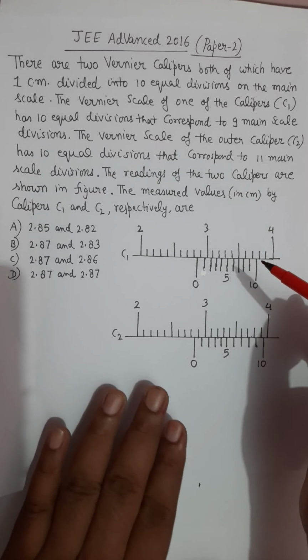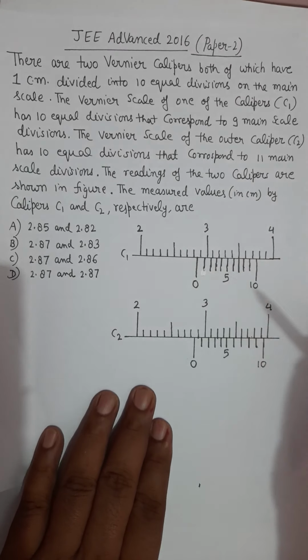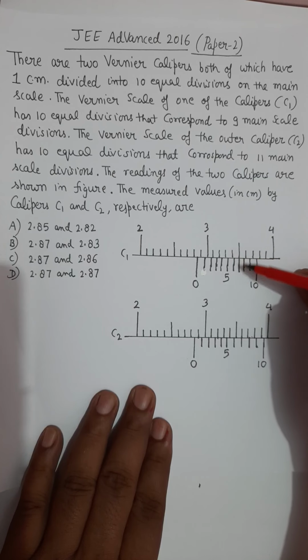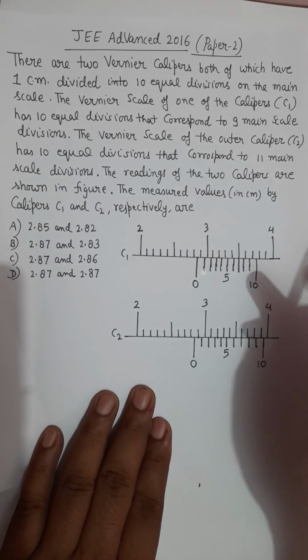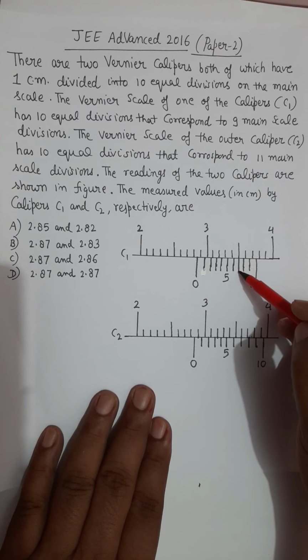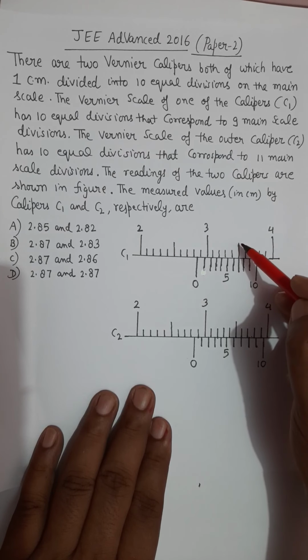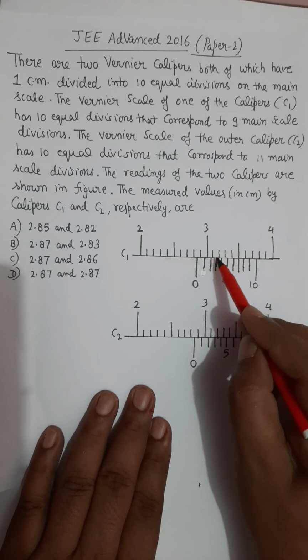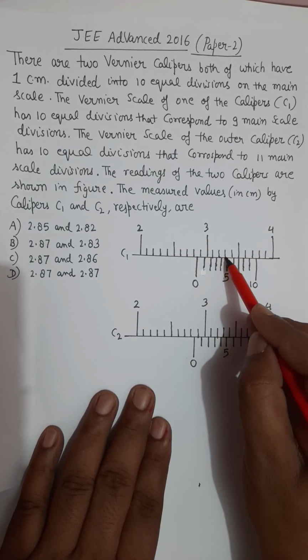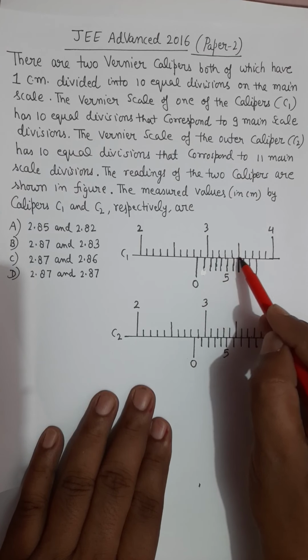Right. In the first caliper, notice that the seventh vernier division, you have to look into the diagram very carefully, that this is the seventh vernier scale division which coincides with fifth main scale division. It is 3.5 here. 3 is here, 3.1, 3.2, 3.3, 3.4, 3.5.